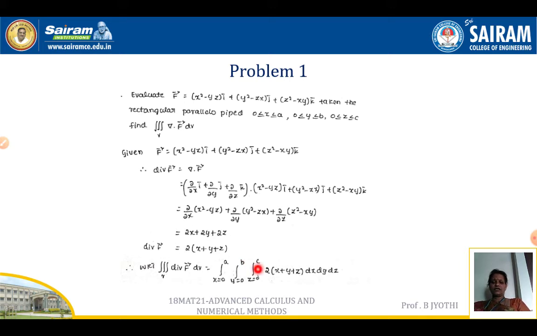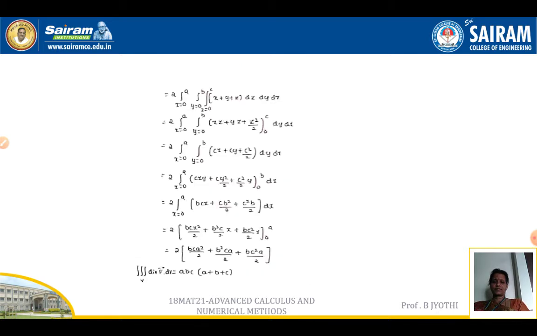Therefore, we can consider dv with limits like this, that is x varying from 0 to a, y varying from 0 to b, z varying from 0 to c, respectively. So when we do the integral, 2 times the integral, we can take the 2 outside, of x plus y plus z.